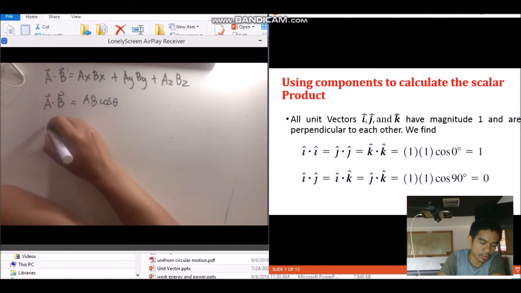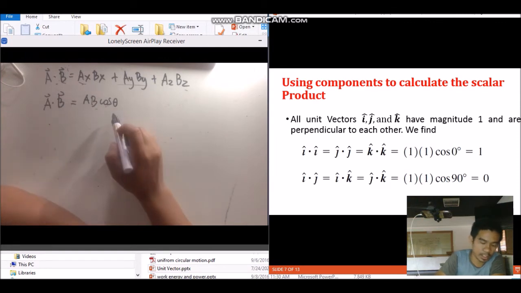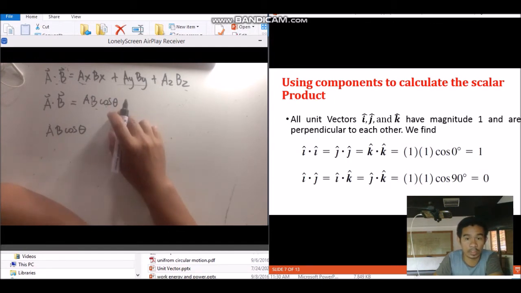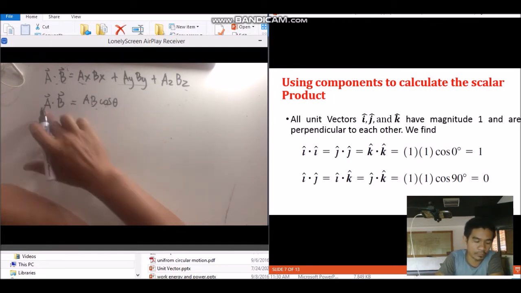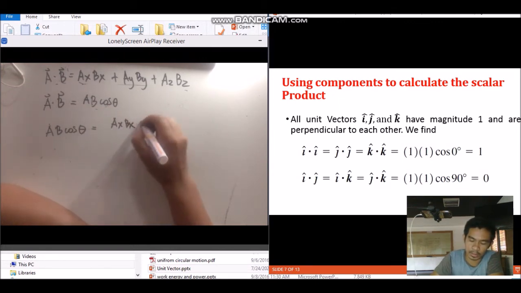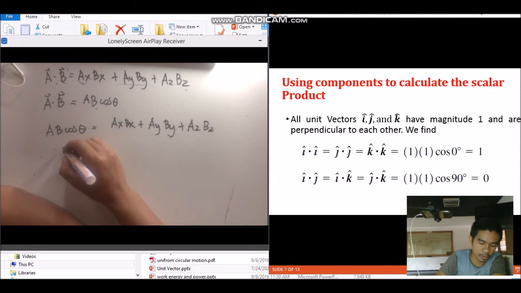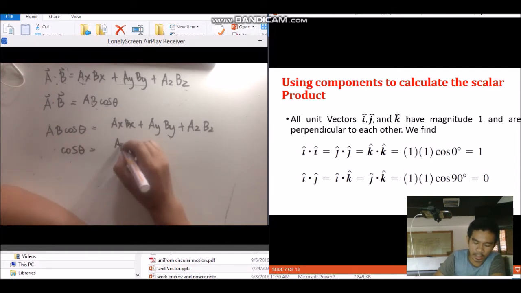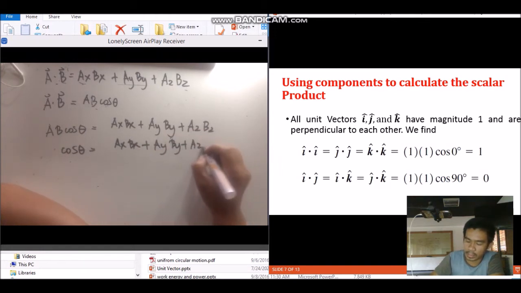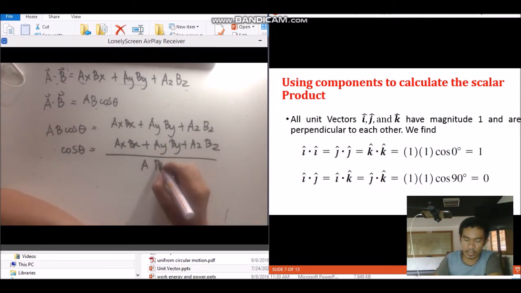Since vector A dot vector B is this one, and also AB cosine theta, where theta is the angle between vector A and vector B, cosine theta is AX BX plus AY BY plus AZ BZ all over the magnitude of A times the magnitude of B.